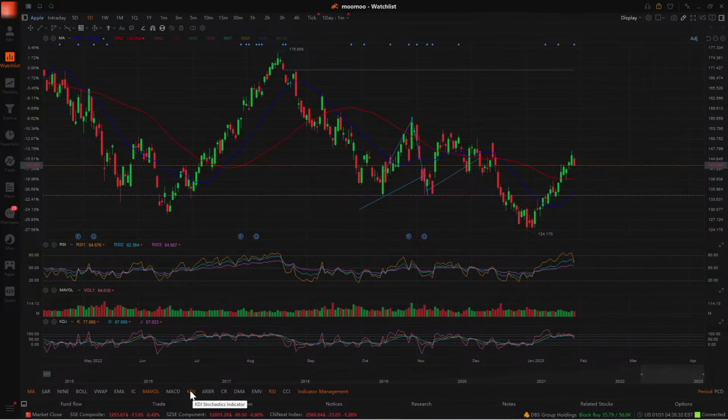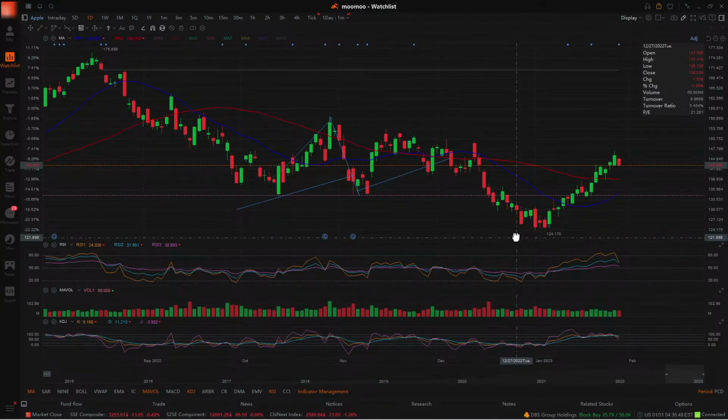Another interesting thing to show you: I believe one of the courses that we have on our Moomoo platform, Moomoo Learn, is how to find the bottom, I mean, identify the potential bottoms. So one of the things you can look at is the divergence of the indicator.